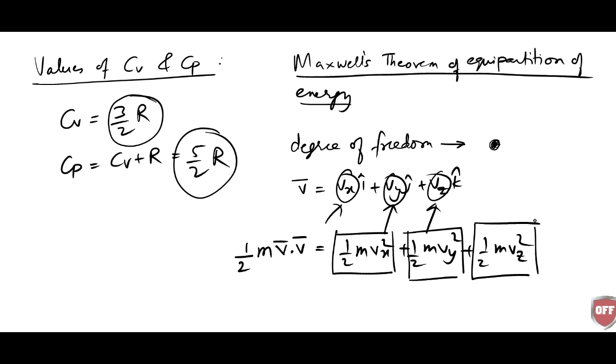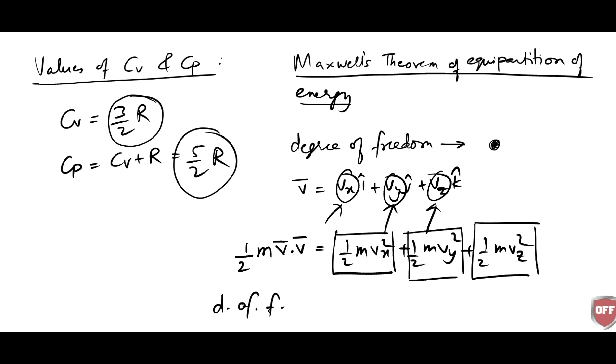In this case they are kinetic energies which a monatomic gas molecule can possess, and this number 3 is called the degree of freedom of a monatomic gas molecule.